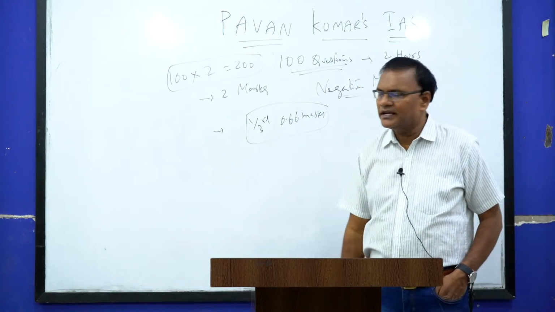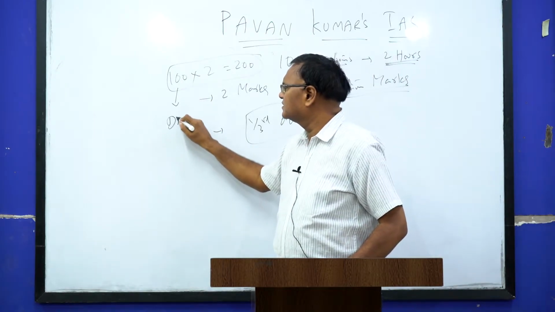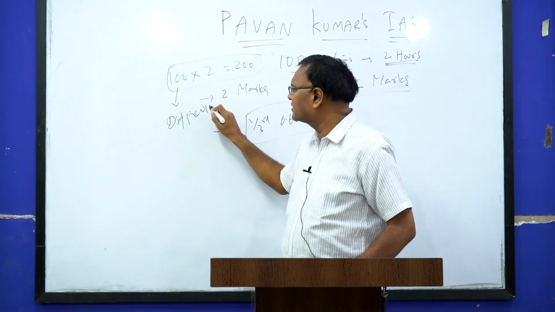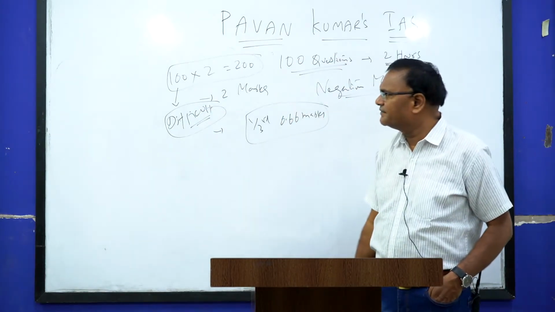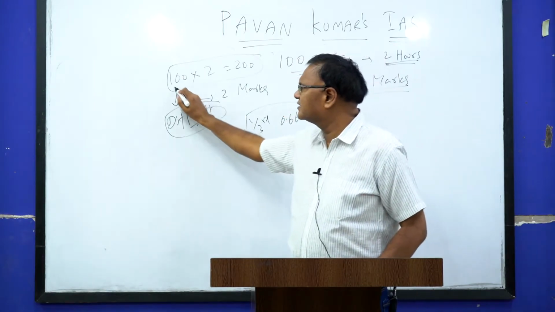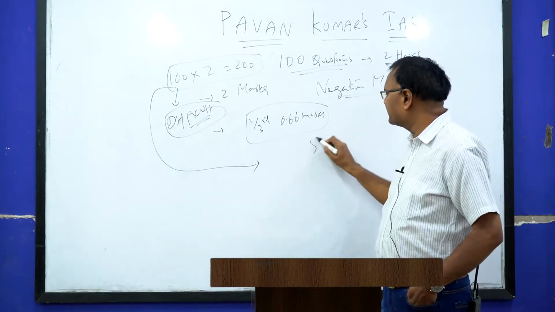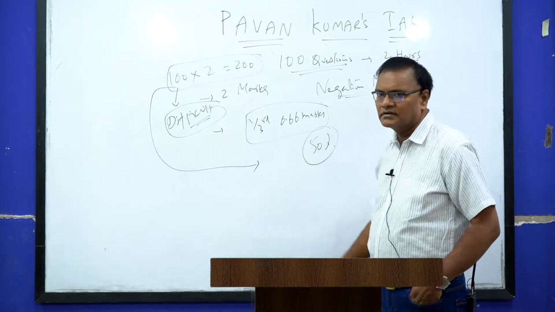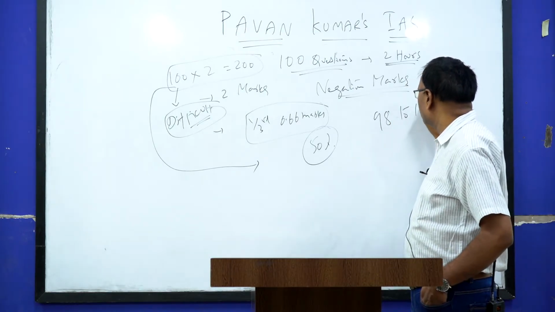What you must remember here is that the questions are extremely difficult. Make no mistake about it. Questions are very, very difficult. That is the reason why the cutoff for this examination is not even 50%. The cutoff will be around 98 to 102 marks.